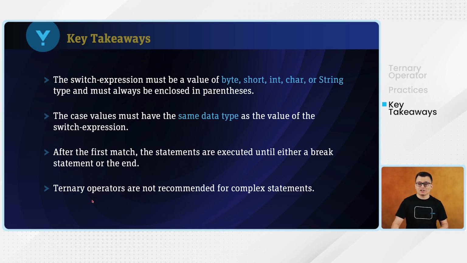Okay, and the ternary operators are the shorter version of the if statements. Only the non-complex if statements could be written in the ternary. But again, ternary operators are not recommended for complex statements. Okay. And ternaries are not as readable as the if statements are. But it is good to know how to use the ternary.